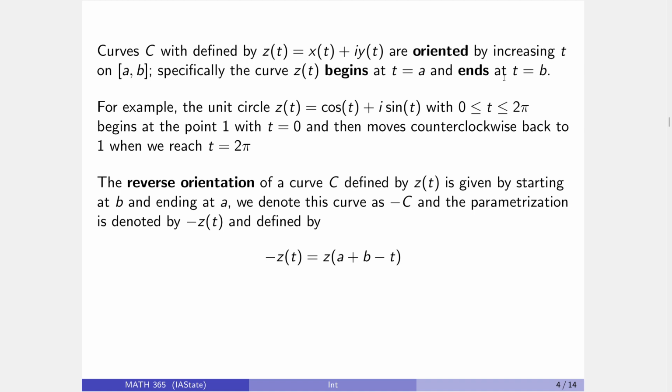So the reverse orientation of a curve is given by, you've got it parameterized, you have a z of t describing it with an x and a y. Well, then we can reverse it by starting at b and ending at a. And that curve is denoted as negative c. And the parameterization is given by z of (a plus b minus t) as the input, but we define that as negative z.